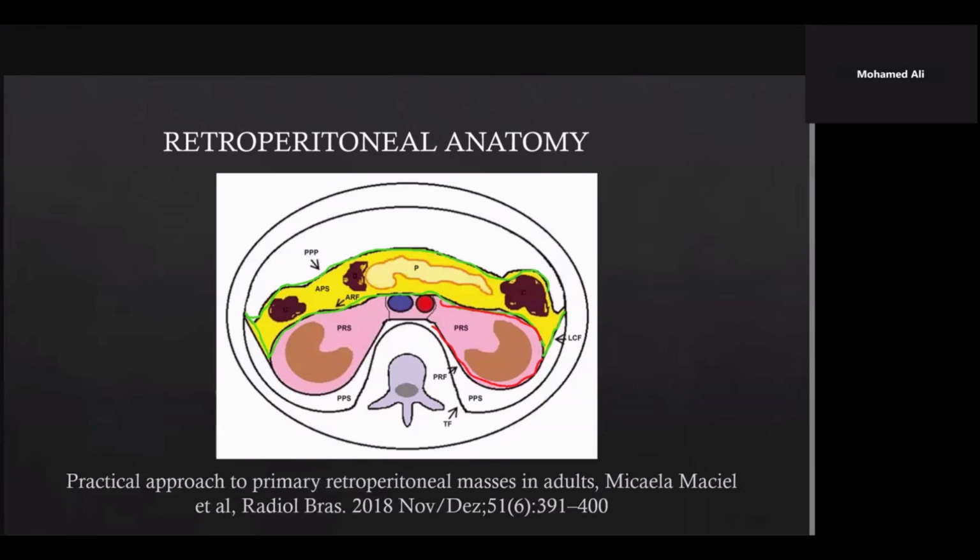And the posterior pararenal space is bounded anteriorly by the posterior renal fascia and posteriorly by the fascia transversalis and anterolaterally by the lateral conal fascia.